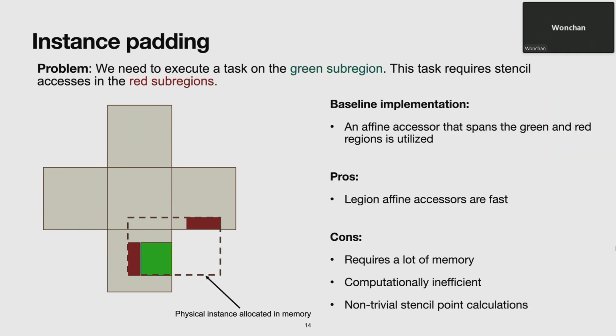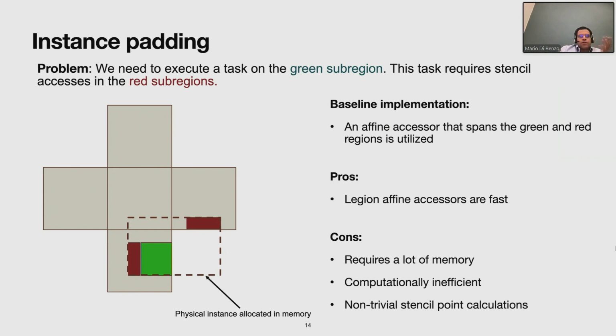So the old implementation that we used to have was based on an affine accessor, which is actually very fast in accessing the data in memory. However, I have some problems connected to this specific configuration.